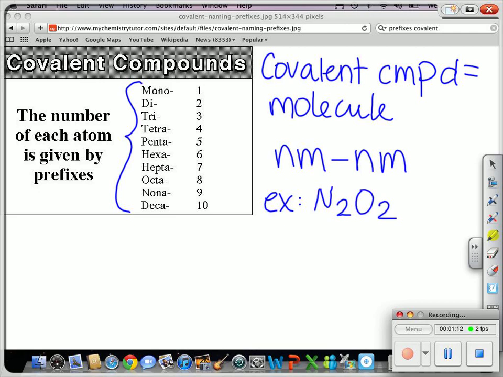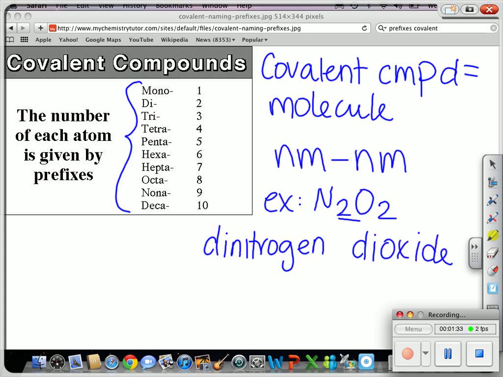So when I go to name this, I know I have nitrogen and oxygen. I have two nitrogens as indicated by the subscript, so I call it dinitrogen. And then for oxygen, I have two oxygens. Instead of saying dioxygen, I say dioxide.